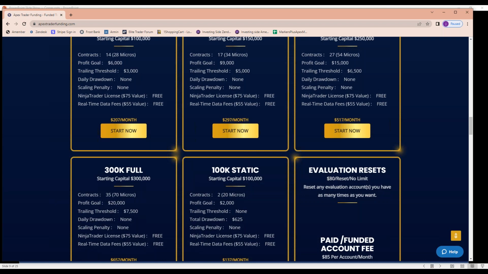That's every 30 days. You can reset as many times as you need. So no, you don't have to wait for the next billing or sign up all over again. You can reset the account and go on. Right, we've all been there, done that. We have bad days, we've blown accounts. Blowing an evaluation and having to pay 80 bucks to reset is a lot better than blowing your $10,000 savings, right?